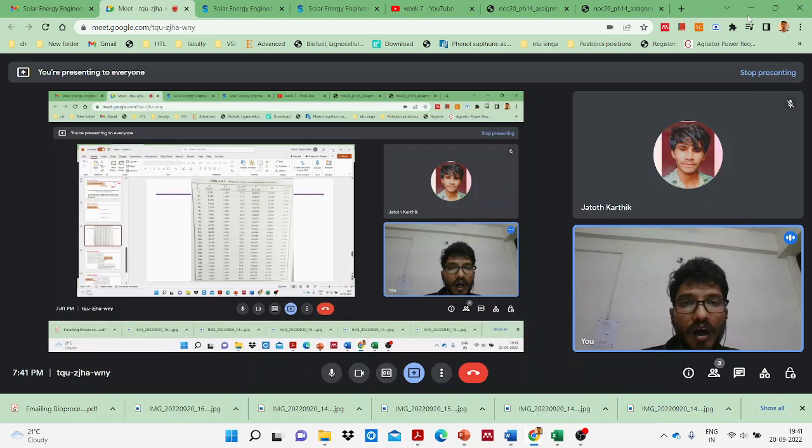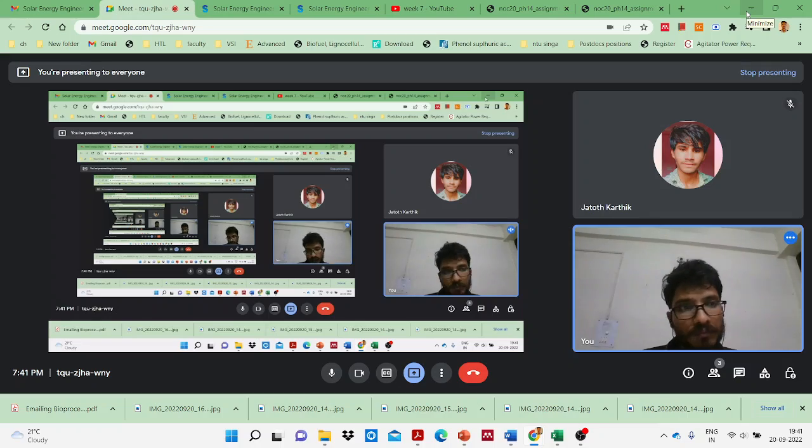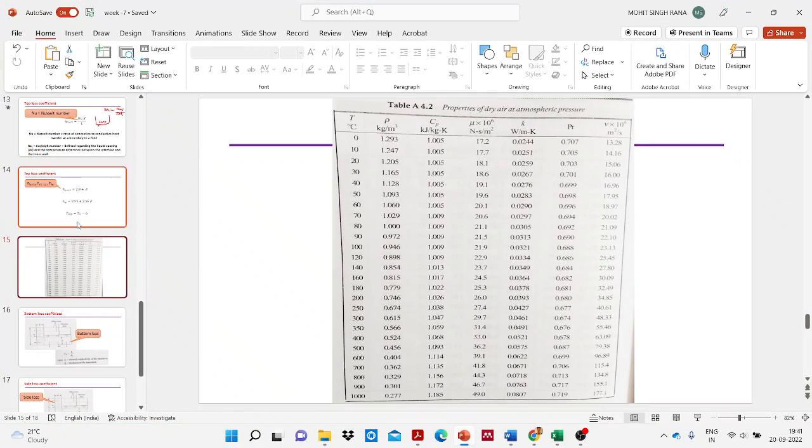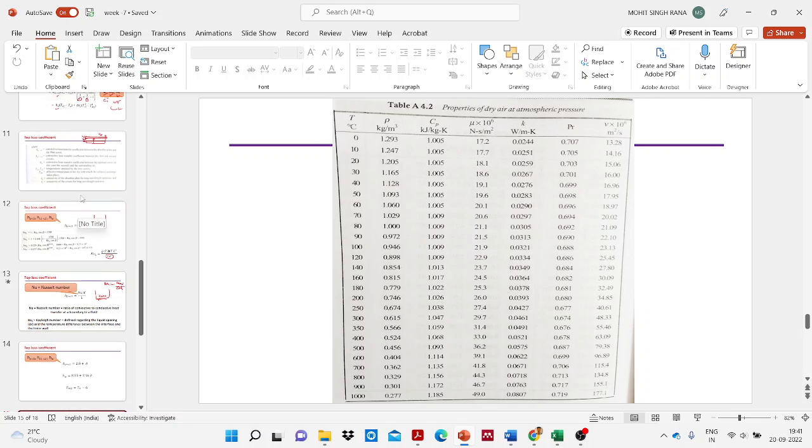While solving this problem, we need data for air. If I take how the properties of air change at different temperatures, there will be one table showing the properties of dry air at atmospheric pressure.